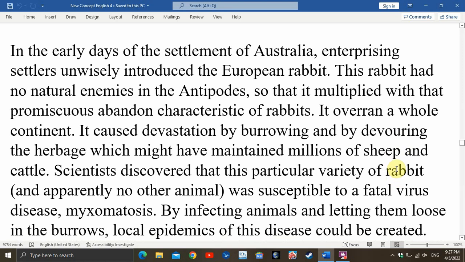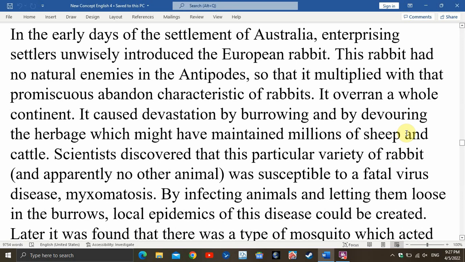This rabbit had no natural enemies in the antipodes, so that it multiplied with that promiscuous abandon characteristic of rabbits.